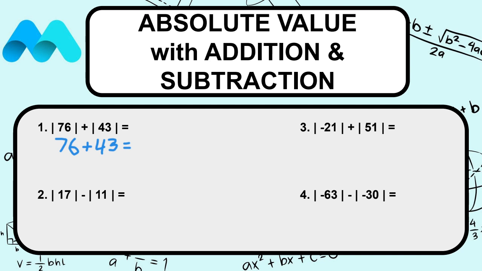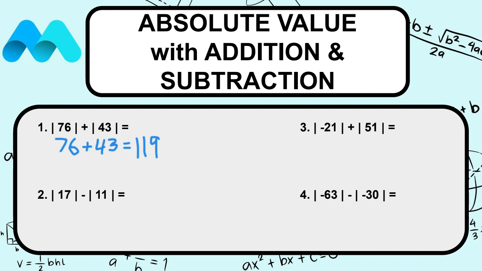So you want to really think of a number line and how many spaces or numbers are in between that number and 0. So that's how you get your answer there. Now we're just going to add: 76 plus 43 is 119. So your answer to the original equation there is 119.